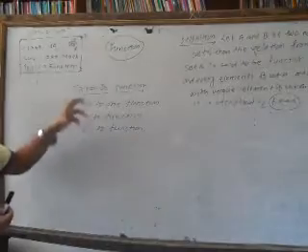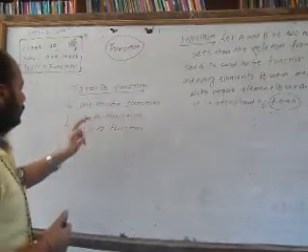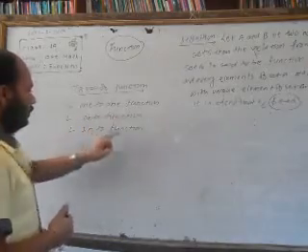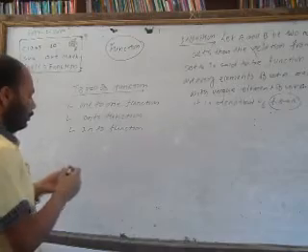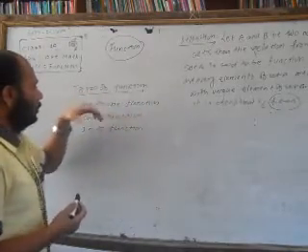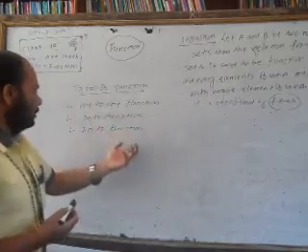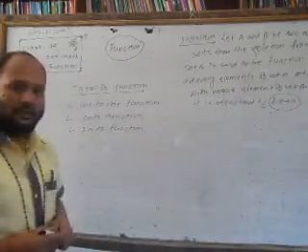Here there are mainly three types of functions: 1-to-1 function, onto function, and into function. So first, to know the definitions of 1-to-1, onto, and into functions, we need to know about range and domain.